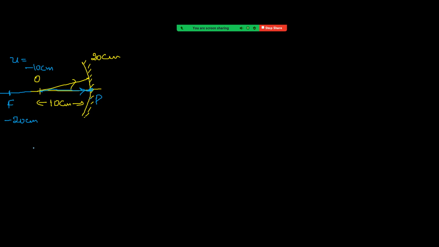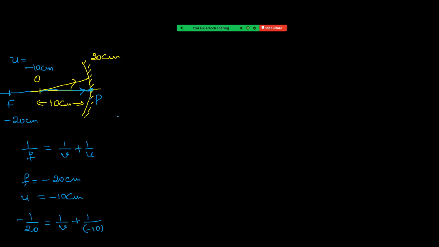Use now the mirror equation: 1 by f equals 1 by v plus 1 by u. f value is minus 20, this is the coordinate of the focus. Next, coordinate of object, that is minus 10. Now substitute these values: minus 1 by 20 equals 1 by v plus 1 by minus 10.